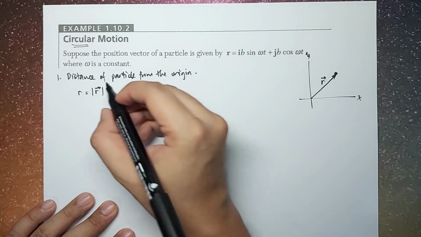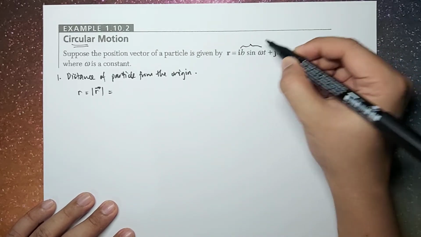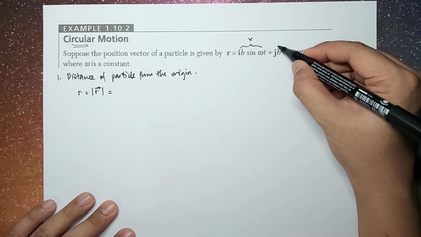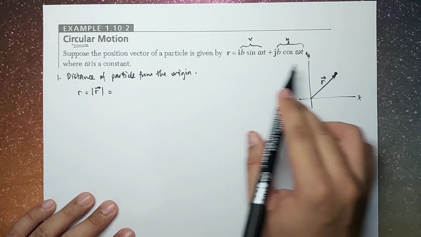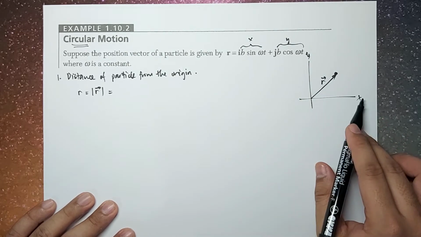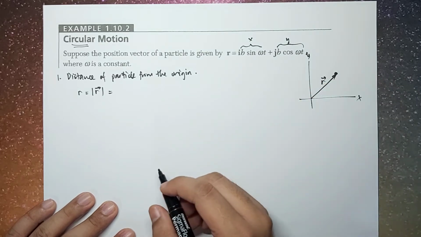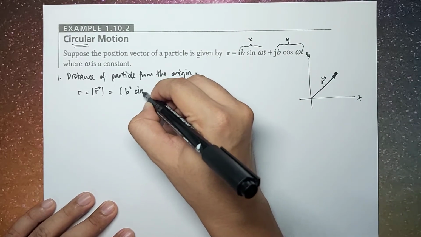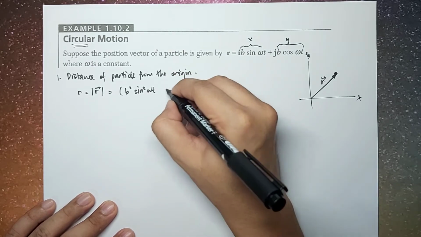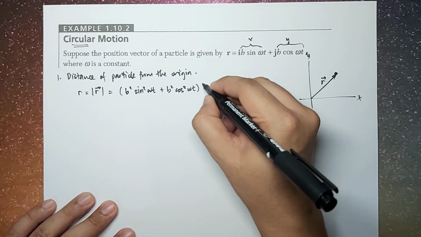So what we're going to do is just take the magnitude of this. We can see that these are the x and y components of your position vector in two dimensions. So we take the sum of the squares, and then the square root. This will be equal to the square root of b squared sine squared omega t plus b squared cosine squared omega t.